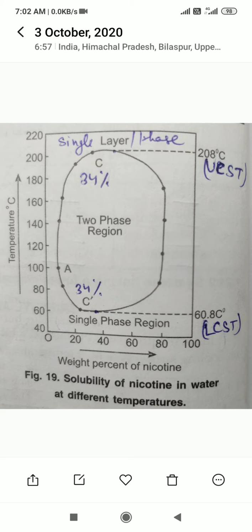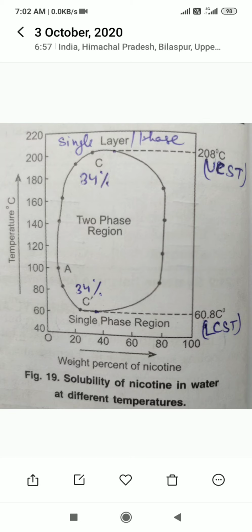So what I can say, as you can see in this diagram, for such systems we will get a closed diagram, or I can say these systems will have an upper critical solution temperature as well as a lower critical solution temperature, and the solubility curve, or I can say temperature composition curve, for such systems will be a closed one.